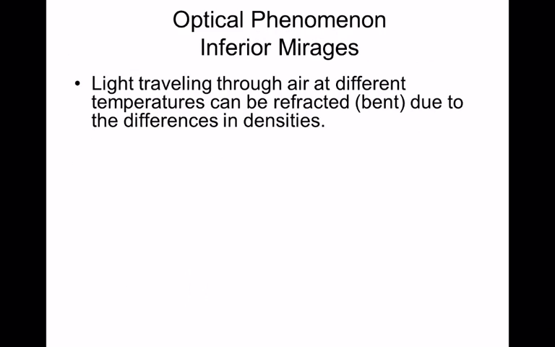Now I'm going to talk about two mirages, and this is also refraction, but it's refraction due to temperature, air temperatures. If you've ever seen a lit candle flame, and you look behind the flame, you kind of see things dancing behind it.